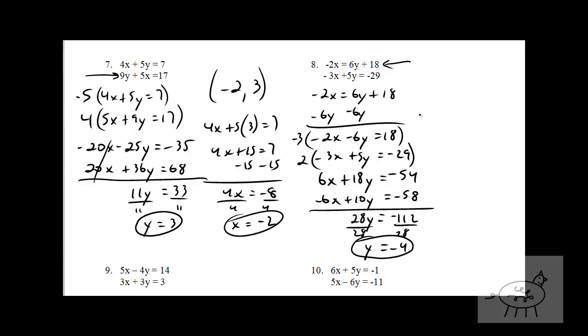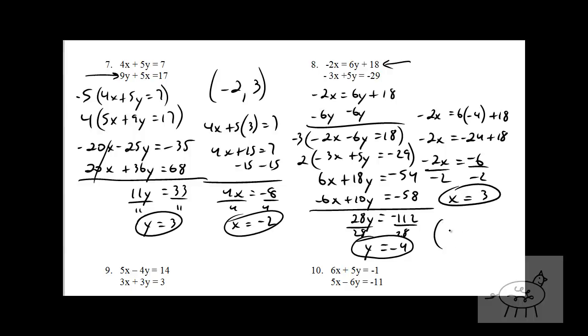So negative 2x equals 6 times negative 4 plus 18. So negative 2x equals negative 24 plus 18, which is negative 6. Divided by negative 2, x is 3. There we go. So the answer is 3 comma negative 4.